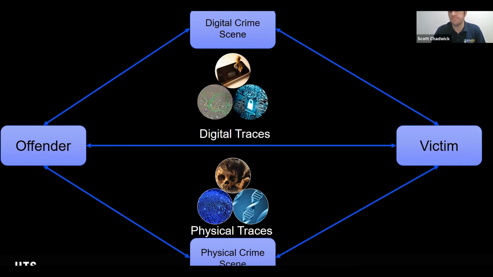So what are some examples of these digital traces that we can use to try and connect or make the links between an offender, a victim, and the digital crime scene? Well, these are things like our emails. It could be our GPS data from our mobile phones, or it could just be our mobile phones themselves. They have a whole wealth of information.